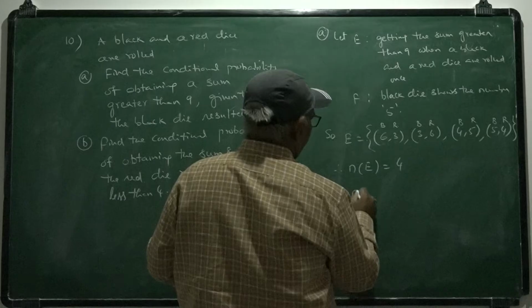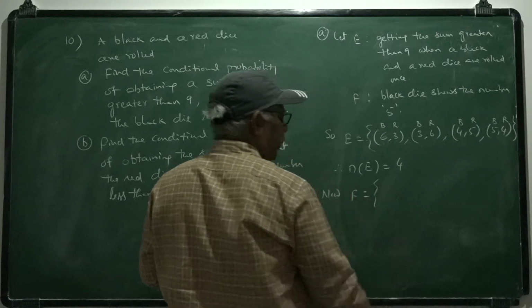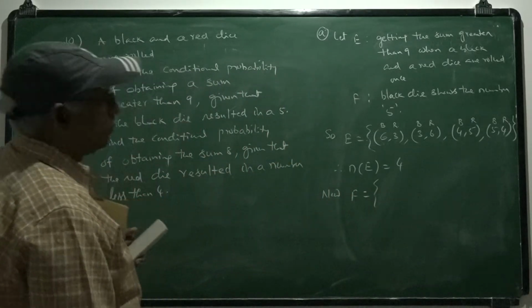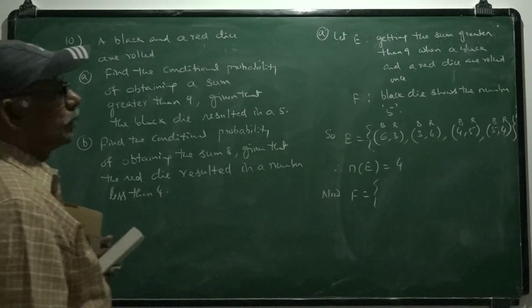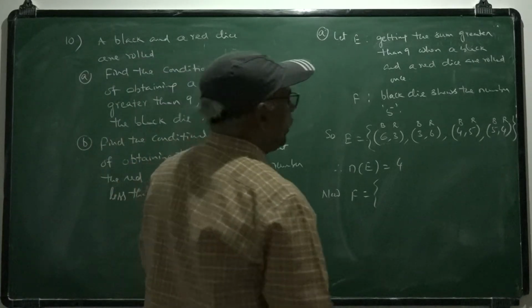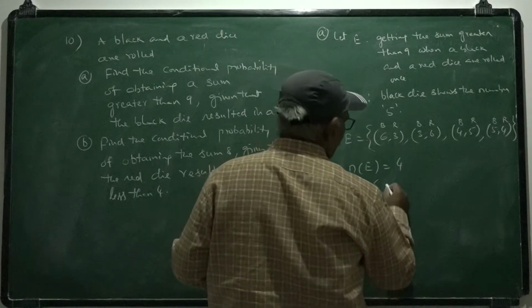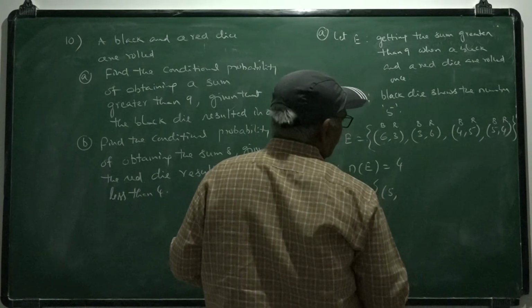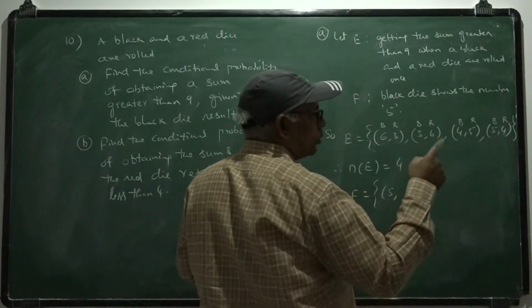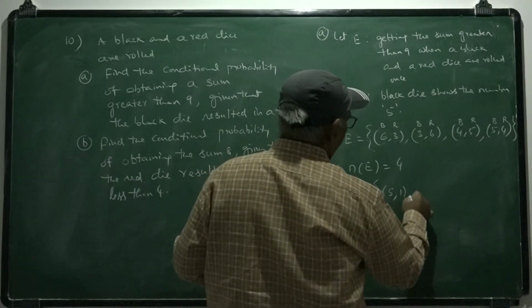Now n of favorable possible outcomes to F. F stands for the black die shows the number 5, which means the red die shows either 1, 2, 3 up to 6.